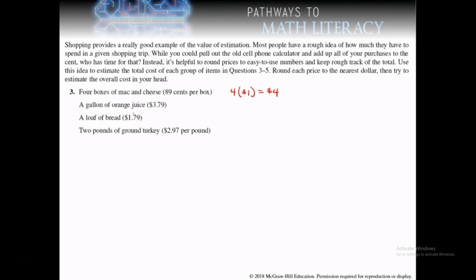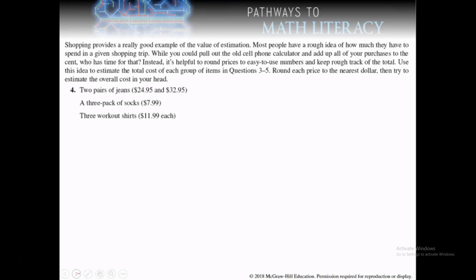We'll round that up to $4. Loaf of bread for $1.79. We'll round that up to $2. And 2 pounds of ground turkey at $2.97 a pound. So 2 pounds at almost $3 a pound is $6. So we've got $4, $4, $2, and $6. And if we add all of that up, it comes out to about $16.